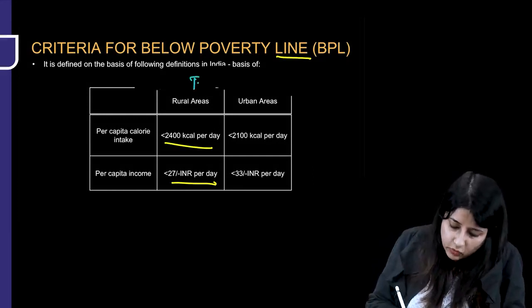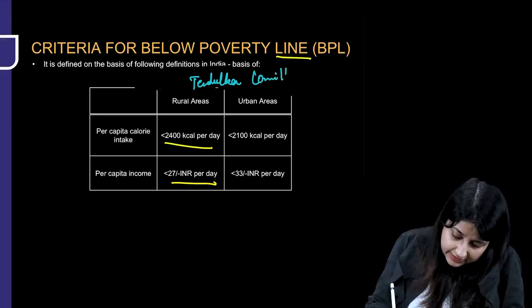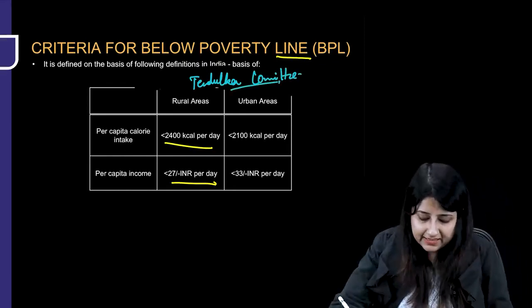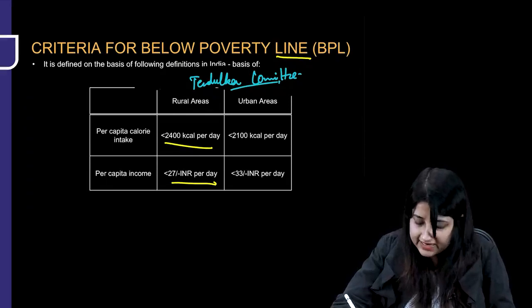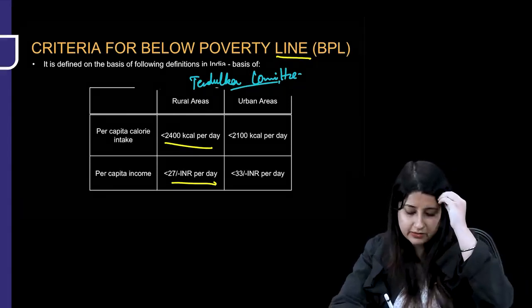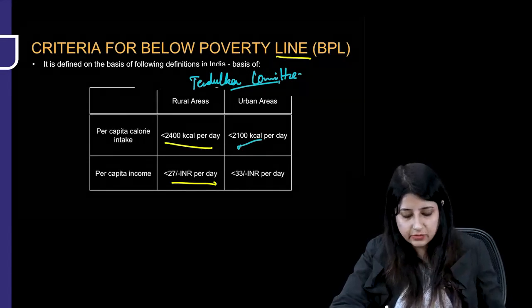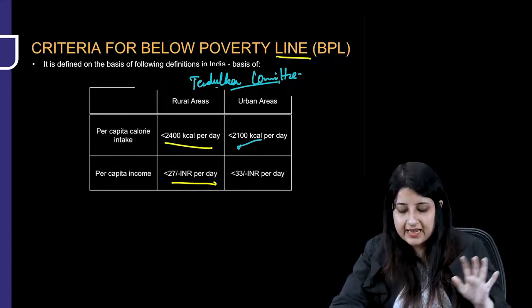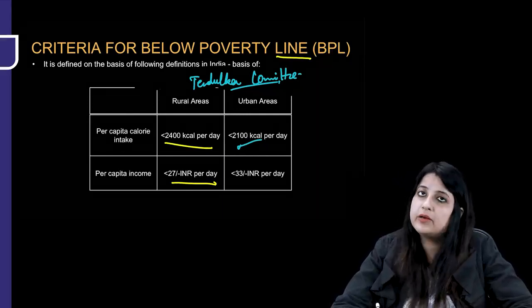According to the Tendulkar committee, if per capita calorie intake in rural areas is below 2400 kilocalories per day, in urban areas below 2100 kilocalories per day, and the per capita income in rural areas is below 27 INR per day and in urban areas 33 INR per day, the person belongs to below poverty line.